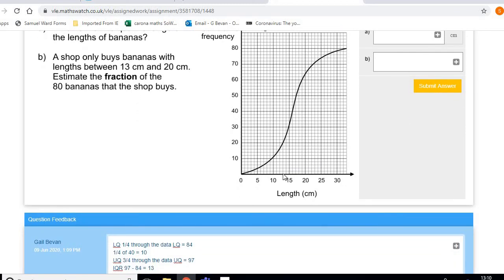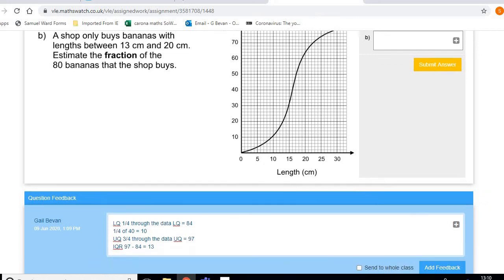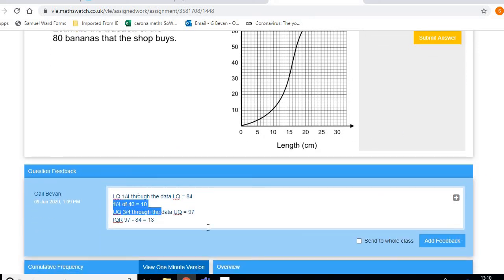So up from 13 centimetres takes us to somewhere in between there. It looks to me as though it's halfway between the 20 square and the one below. I still had this left up from the first question, a bit of a lag I think.